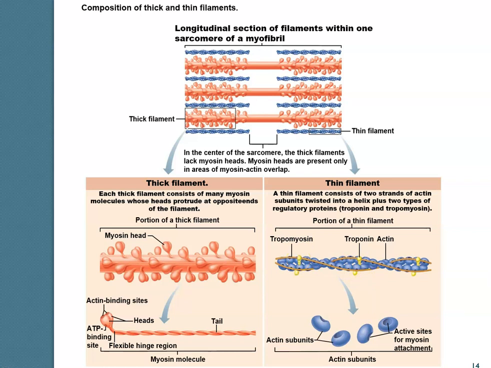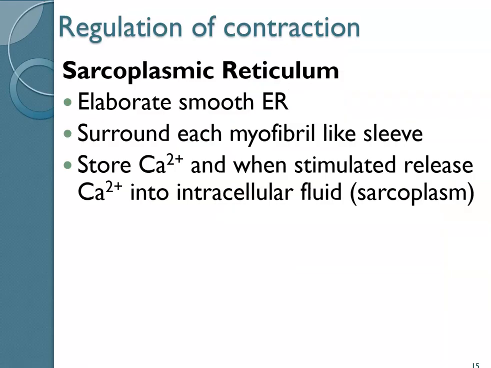Okay, and we'll talk about excitation-contraction coupling. Calcium will bind to troponin, change the shape of troponin, which causes the tropomyosin to move away, exposing the active site, and then the myosin head can bind to it. So you can imagine the myosin head will bind to the exposed active site of actin.